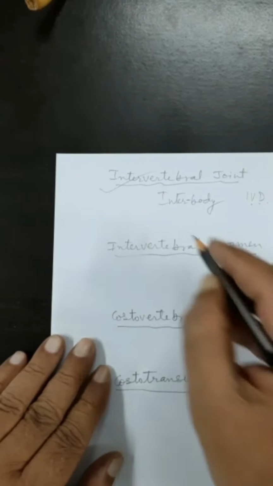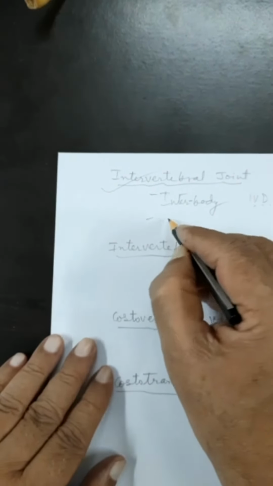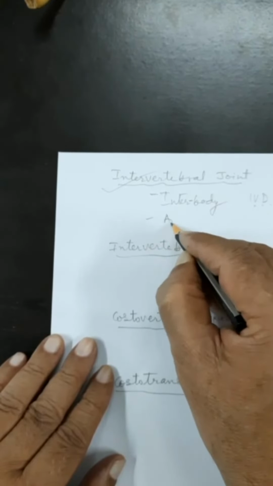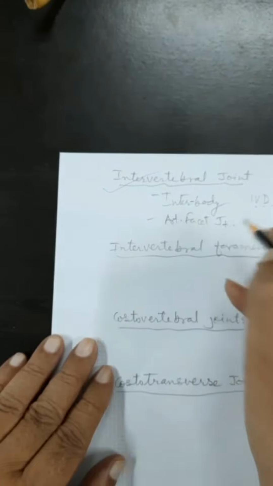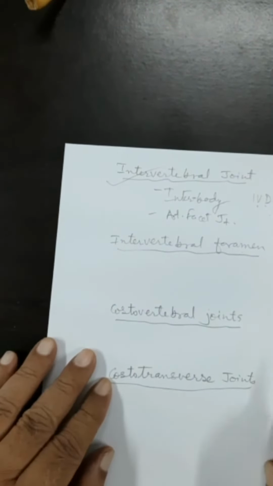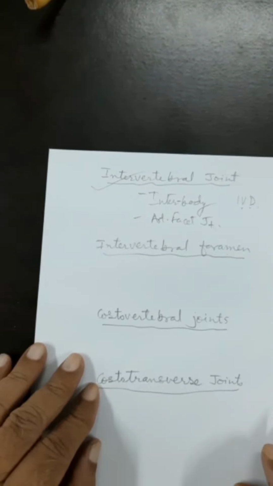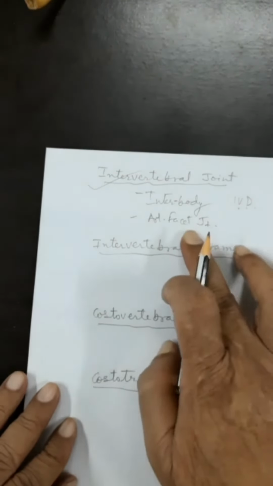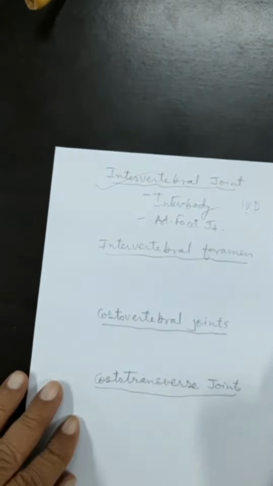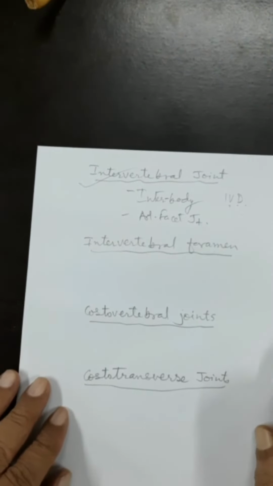The second joint was the synovial joint, and this was the articular facet joint, or simply facet joint. It is called right and left because there were two, and it was synovial. The movements are directed by this facet joint between the adjacent vertebrae, though it is a minimal movement.